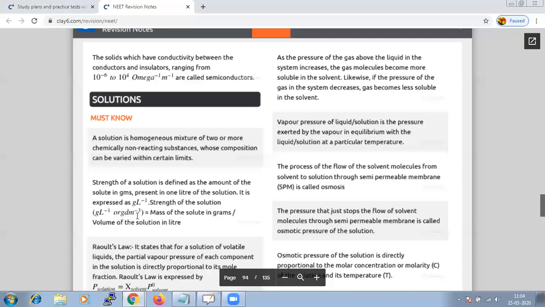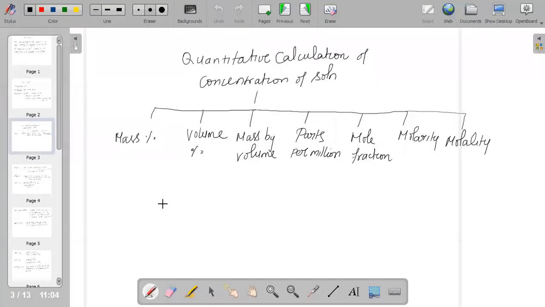Strength of the solution is equal to mass of the solute in grams by volume of the solution in liter. That is how we measure the quantitative calculation of the concentration of the solution.